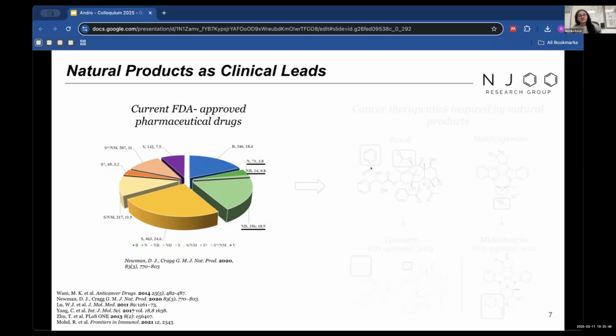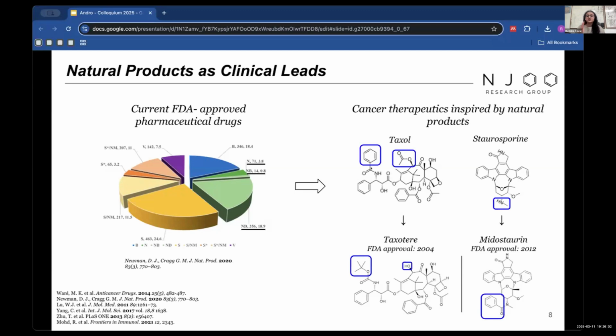Clearly there's much benefit to taking a natural product and making key modifications, making the compound more potent or less toxic, and essentially improving its medicinal value. On the right side, you can see some examples of cancer therapeutics inspired by natural products, with the natural products on the top and an arrow pointing down to the FDA-approved drugs, highlighting the key modifications that have been made.